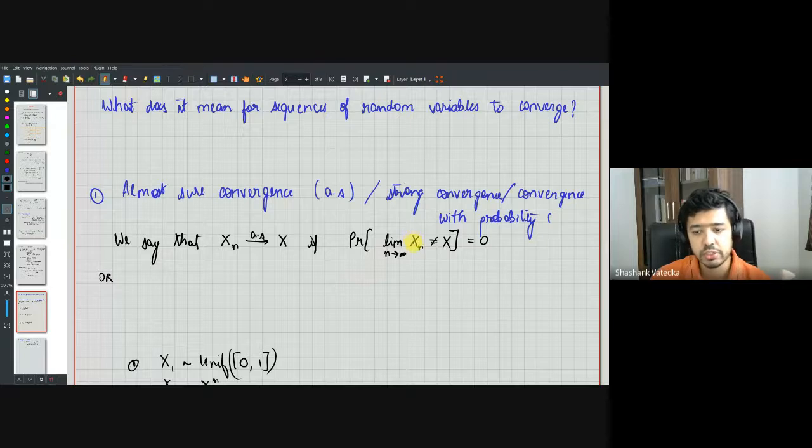Recall that it is helpful to think of each Xn, each random variable, as a function. Note that a random variable is a function from the sample space to R. So basically convergence of random variables essentially corresponds to convergence of functions.